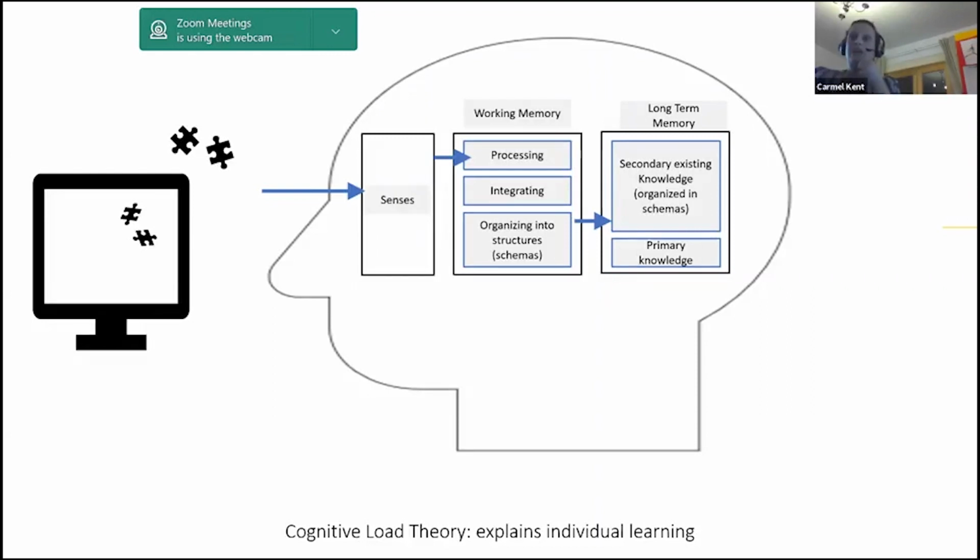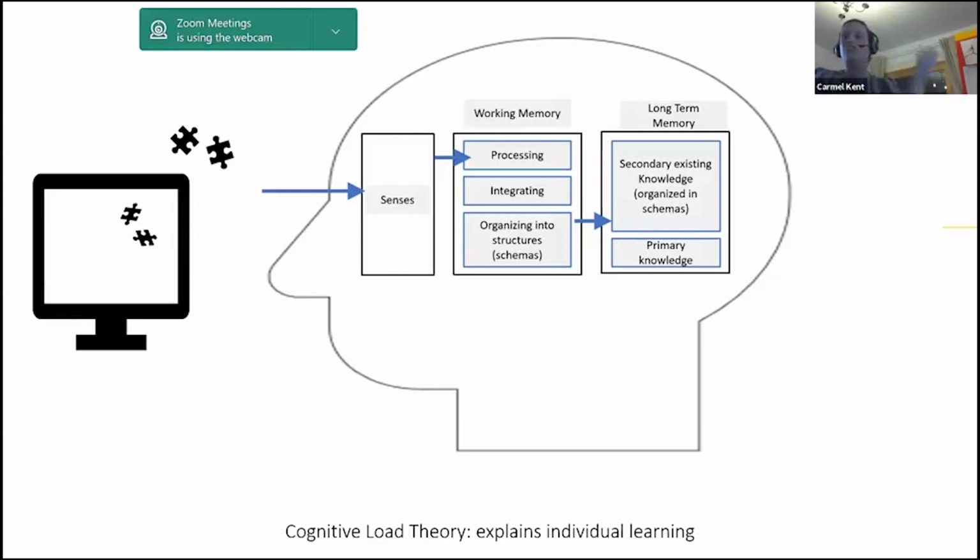And then we use that with maybe our most precious resource, which is our long-term memory. We use the existing structures that we have in the long-term memory, or existing schemas, in order to relate the newly processed information to what we already know.